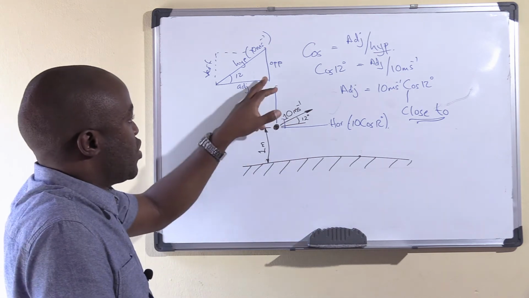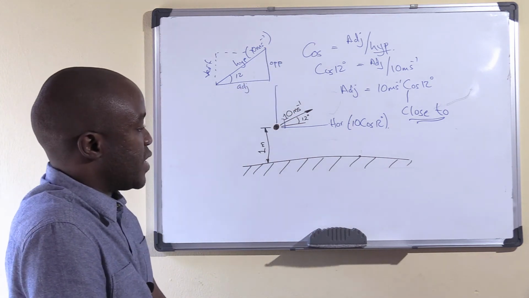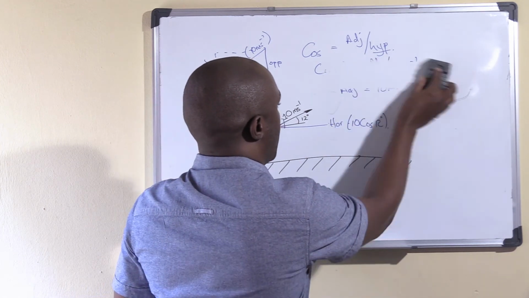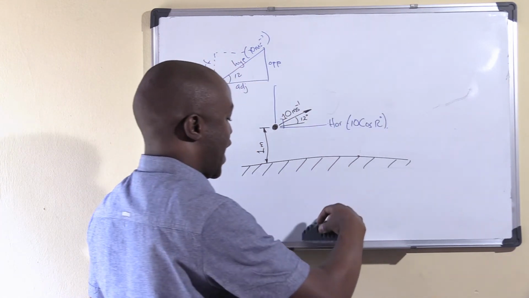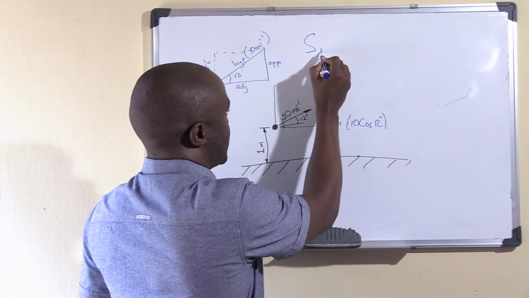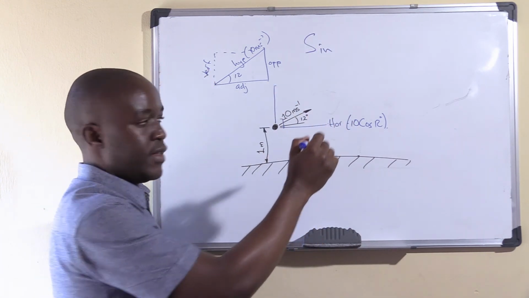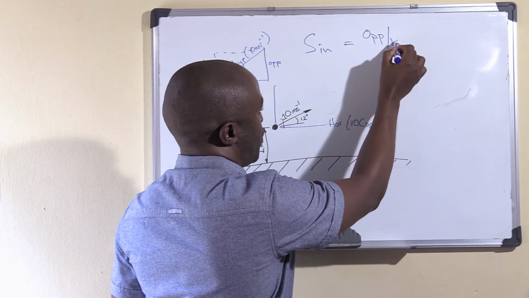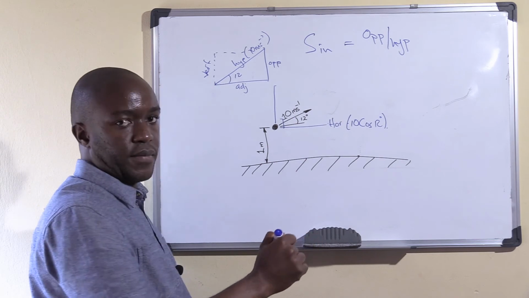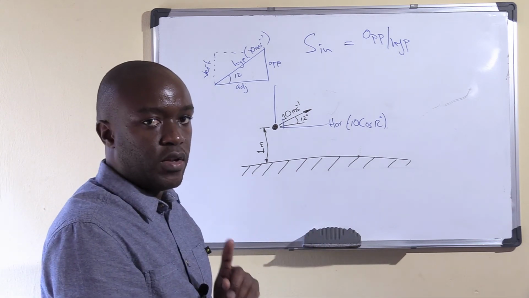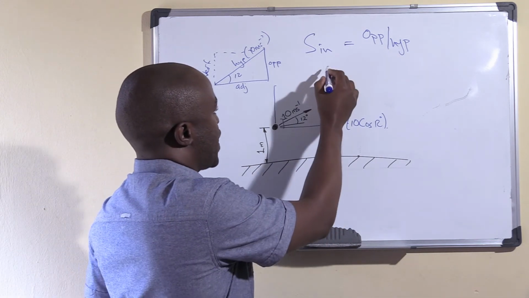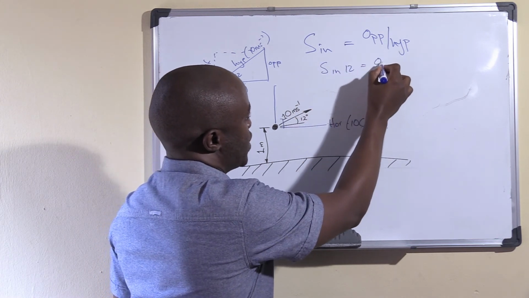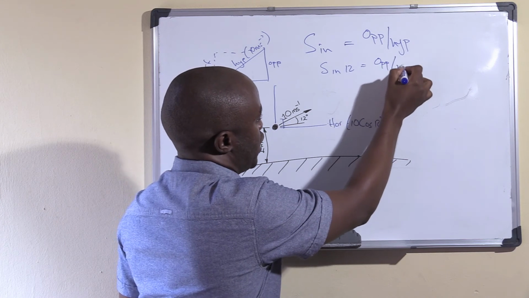We want to find the value of our opposite, and we make use of our trig ratio sine. Sine equals opposite over hypotenuse. We're working with our angle of 12 degrees. So sine 12 degrees is equal to opposite over 10 meters per second.